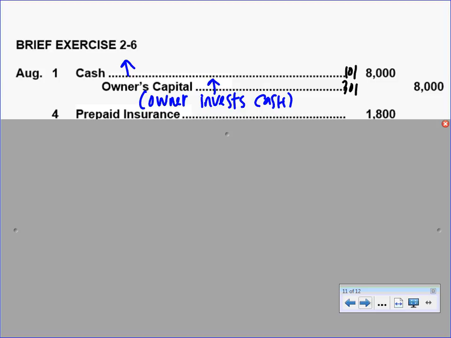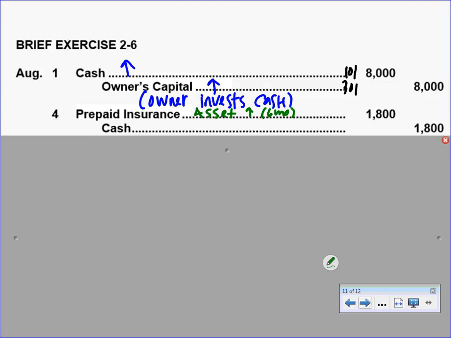Okay, what I want you to do next to that, and I'll change pen colors here, it's an asset that is going up for the next 6 months. We're going to own a 6-month policy, right? They wanted it for 6 months? Yes. How did we buy that insurance? Did we charge it or use cash? Cash. So you're going to see a cash credit because it's going down.